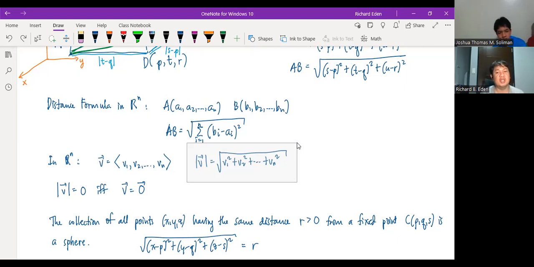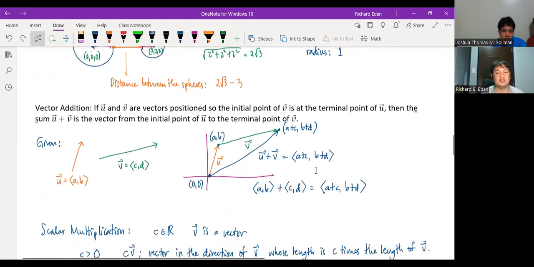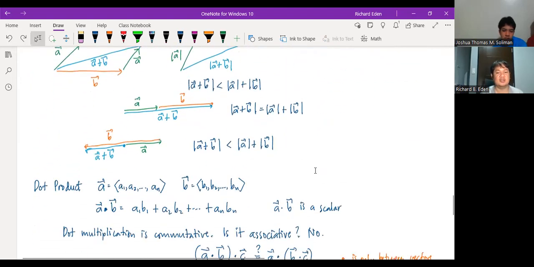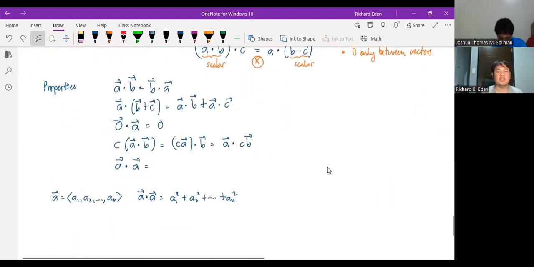In other words, this is the square of the length of vector A. So the dot product of a vector with itself is a non-negative number because it's the square of the length of that vector.